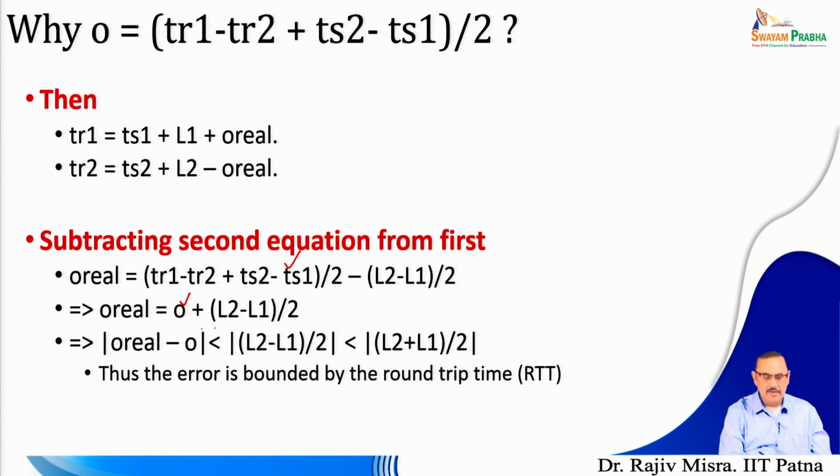So, O real is offset plus L2 minus L1 divided by 2. So, O real minus offset is less than L2 minus L1 divided by 2, which is bounded by L2 plus L1 divided by 2, and thus the error is bounded by the round trip time. This is nothing but the round trip time in this particular case.